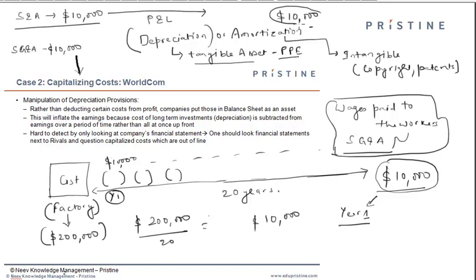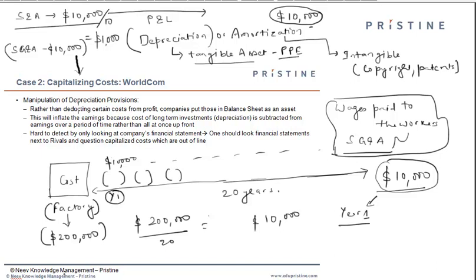So let's say this SG&A expense is depreciated over the next 10 years, then $10,000 divided by 10, which is equal to $1,000, is what actually hits the P&L statement. But actually it should hit $10,000 in the first year itself, rather than spreading $1,000 over the next 10 years, because SG&A expense is not part of a long-term asset, and hence it cannot be depreciated and should be expensed when incurred.